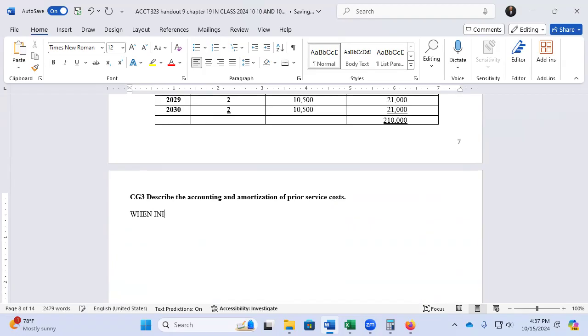When initiating or amending a pension plan, a company often provides benefits to employees for years of service before the plan begins.